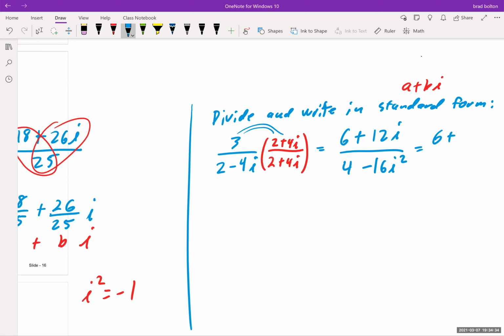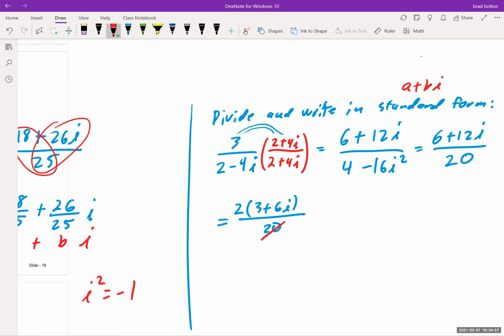But we know this is 6 plus 12i divided by, now negative 16 times i squared is going to become positive 16. So this is going to become 20. Now the thing is 6, 12, and 20 all have something in common. They all have a 2 in common. So I'm going to factor out the 2. That's going to leave me with 3 plus 6i all over 10.